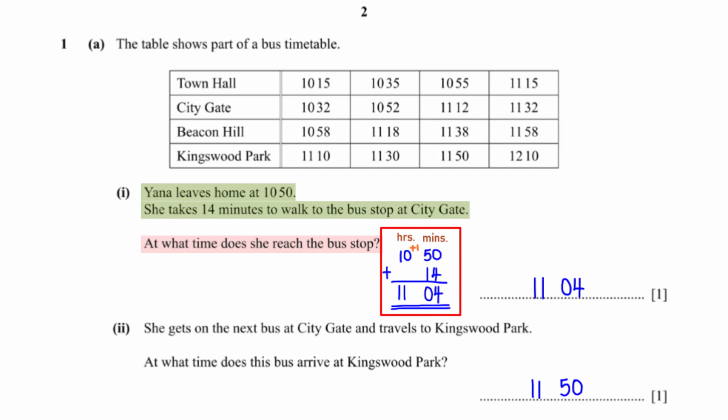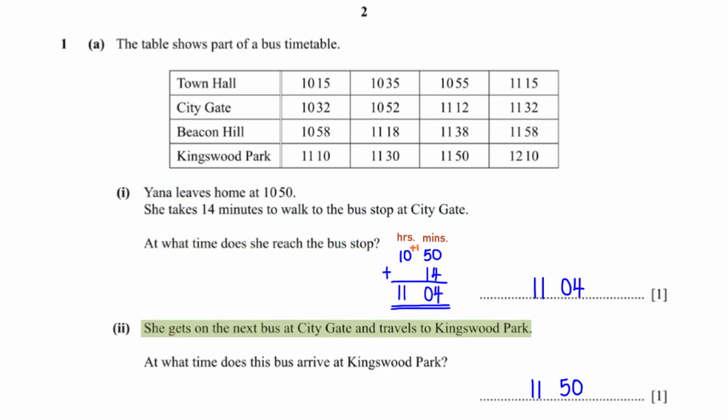Under the minutes column, 50 plus 14 is 64. 60 minutes is 1 hour, so we add 1 to the hour column and leave the remaining 4 minutes under the minutes column. In the hour column, 10 plus 1 is 11, and so Yana reaches the bus stop at 11:04.